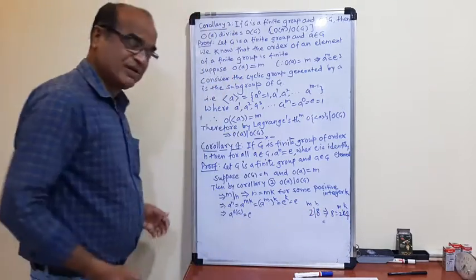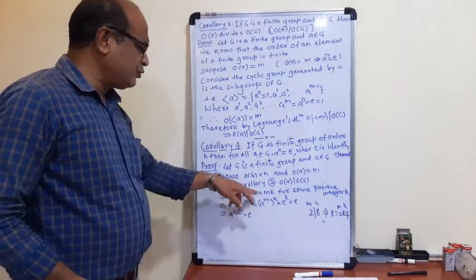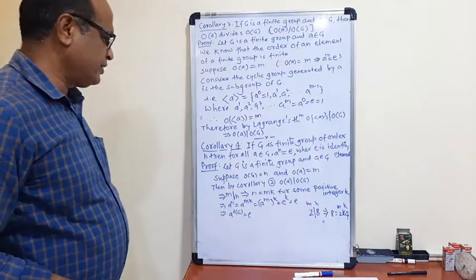So this is very simple. m divides n implies that n is equal to mk for some positive integer k.